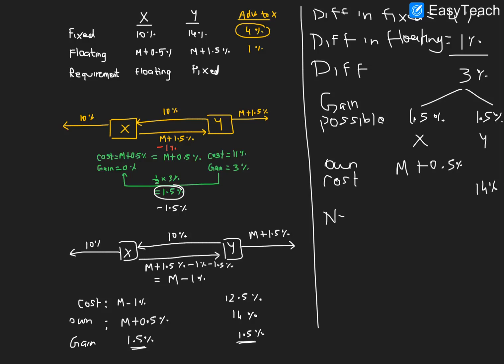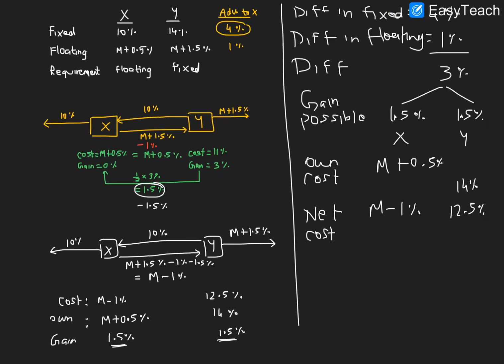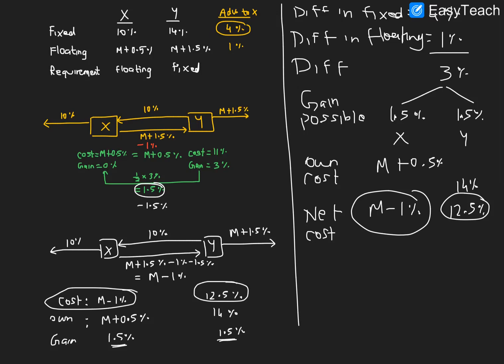So net cost for them should be MIBOR plus 0.5% minus 1.5%. So we say MIBOR minus 1%, and this is 12.5%, and that's what we can observe over here, that these are our costs for X and Y.